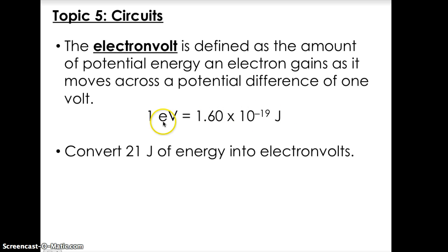And this is the unit that we use a lot of times. Now for practice, 21 joules isn't so big, we might think, but go ahead and convert 21 joules of energy into electron volts, and you'll see how huge it really is in terms of the units of energy possessed by electrons.